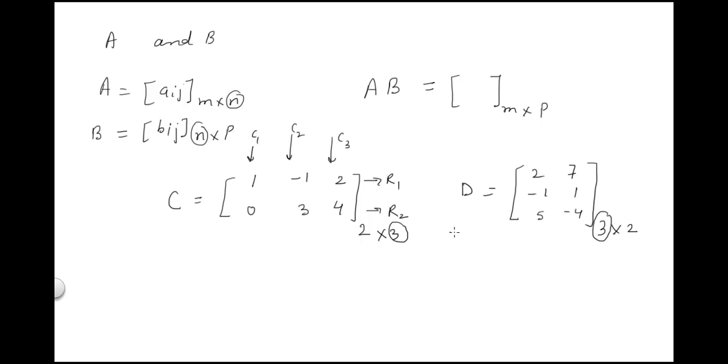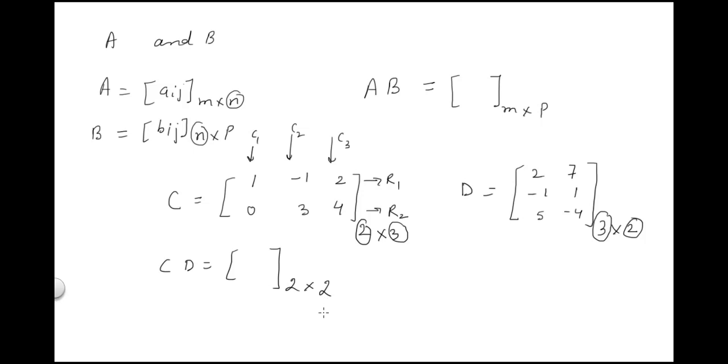So yes, matrix multiplication is possible here. CD is defined. The resultant matrix after multiplying C and D will have the order m cross p, so 2 cross 2. You will get a square matrix after multiplication.